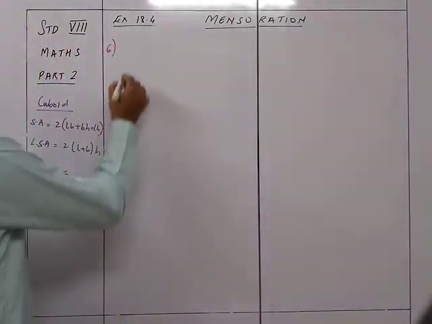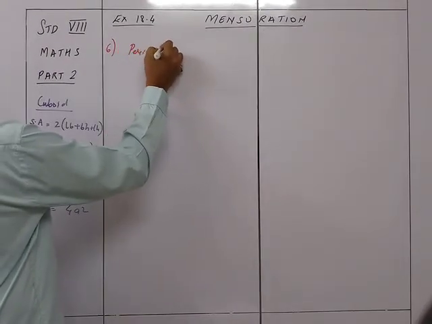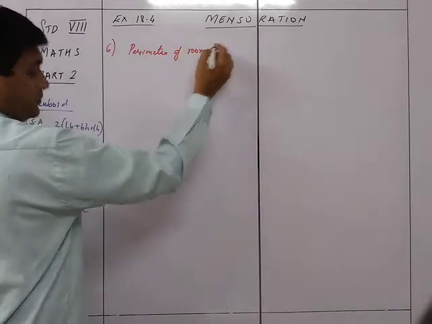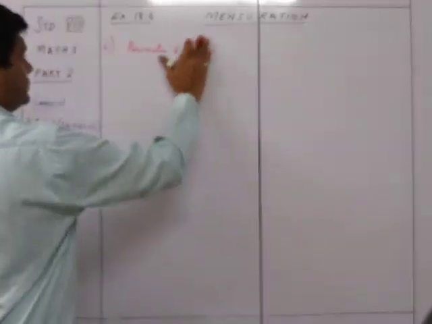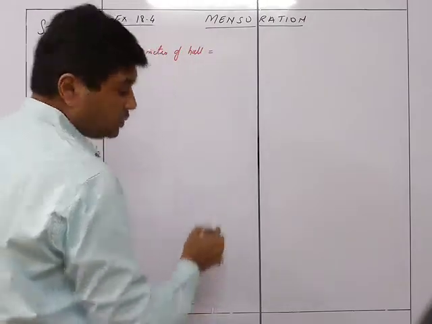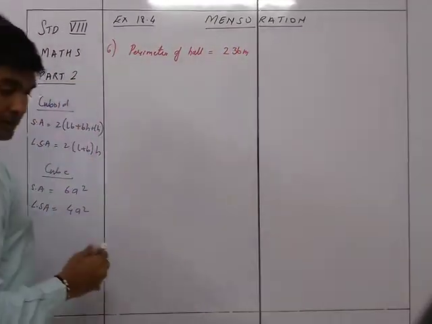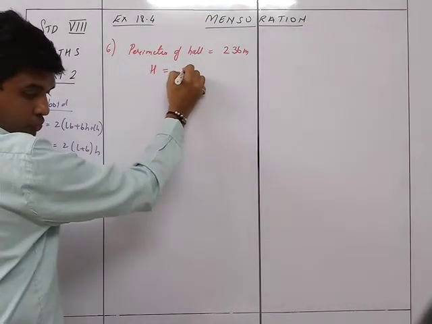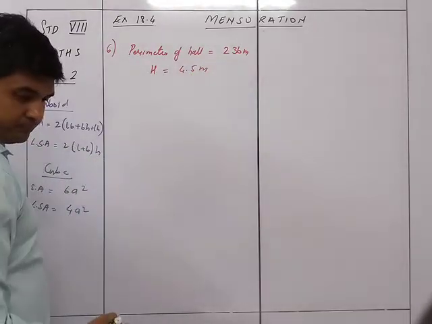So they have given us that the perimeter of the hall, it's not the room, so it's a hall, is given as 236 meters. They have given the height is equal to 4.5 meters.